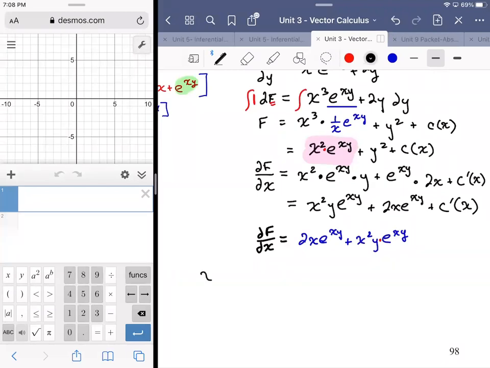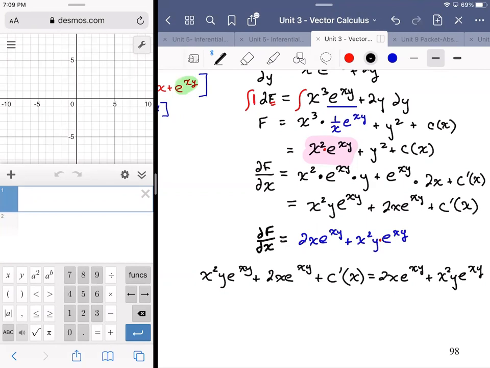But we'll rewrite x squared y e to the xy plus 2x e to the xy plus c prime of x is equal to 2x e to the xy plus x squared y e to the xy.